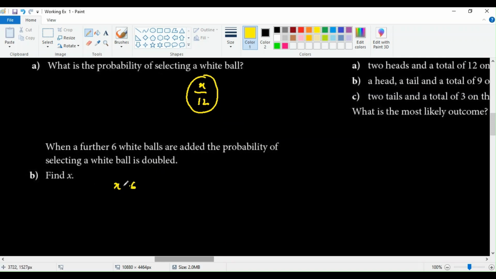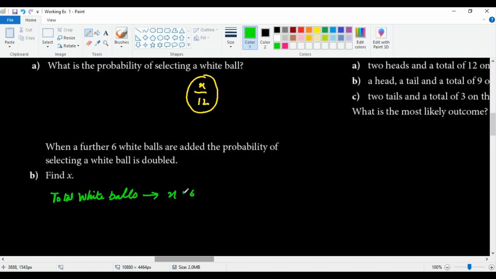So, the total white balls is going to be X plus 6, because we are talking about an unknown.